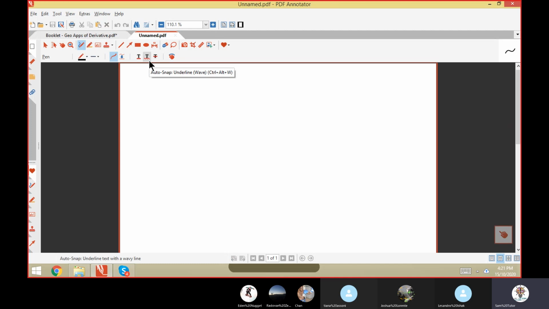So just maybe the back of your booklet. Is there any paper? No? Then just keep it on there, it's okay. If you've got spare paper, write this heading: How to draw derivative graphs.